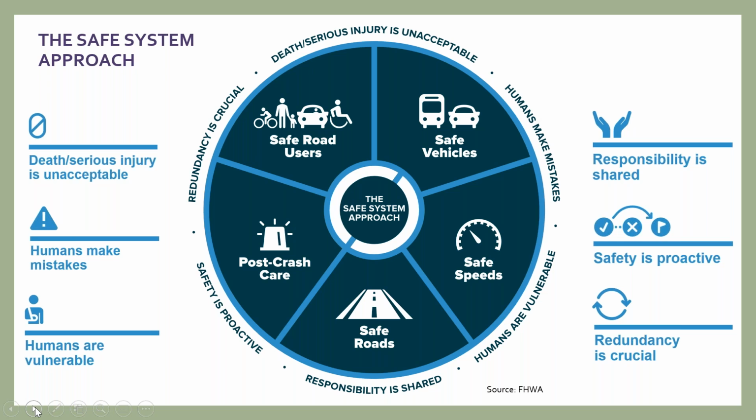And so it really doesn't even matter if the errors that are made on the system are intentional or unintentional. We know that mistakes are going to happen. And on the road system, those mistakes can lead to crashes. The trick, or the goal of the safe system approach, is to manage the consequence of that collision.